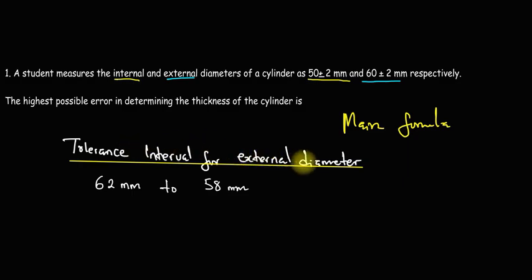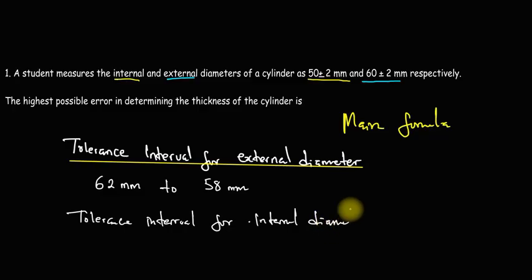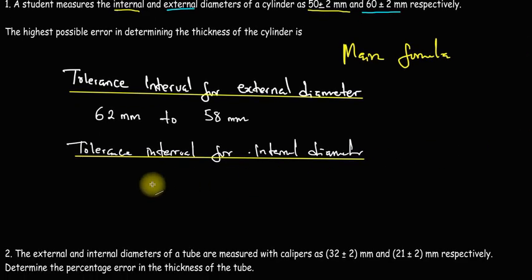Now, what do we have to find next? We have to find the tolerance interval for the internal diameter. So we're going to do the same thing. Tolerance interval for internal diameter. Okay, so just like we did the first, 50 minus 2 and 50 plus 2.